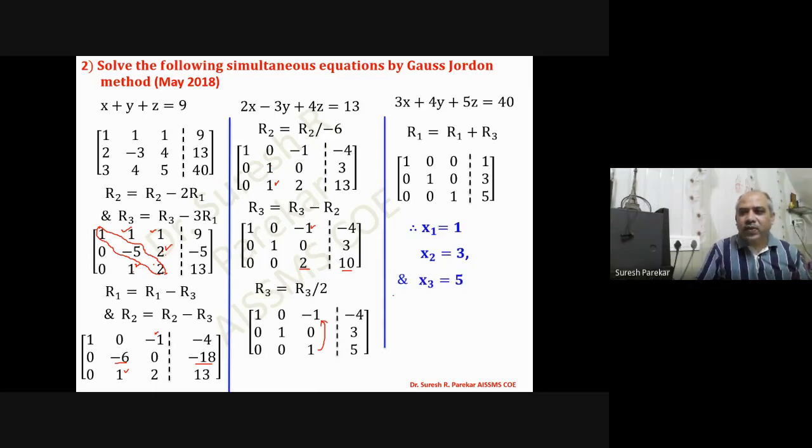If the diagonal of the matrix has values 1, then whatever B matrix you have, the finalized matrix, will give you the values of x1, x2, x3.